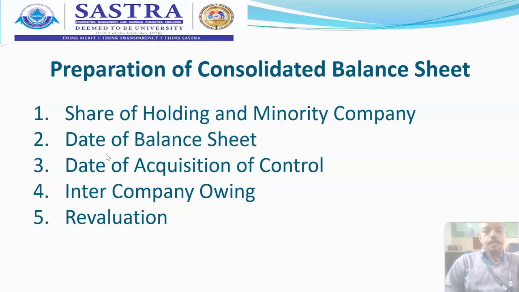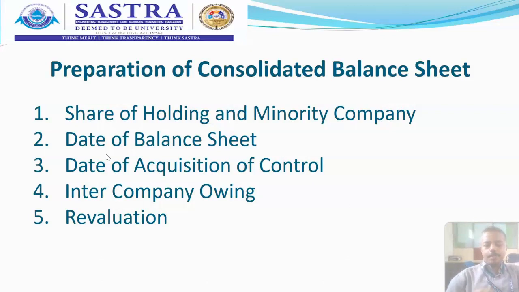And then intercompany owings. If there is any transfer between holding and subsidiary companies, then what are the intercompany owings? What dues are there, what receivables and payables are there, that has to be adjusted.